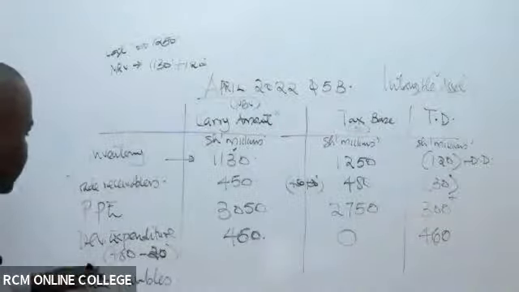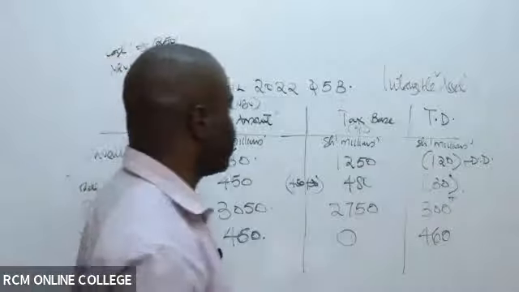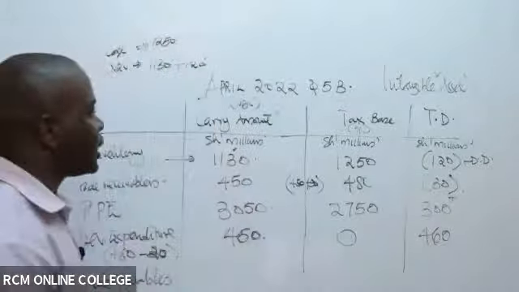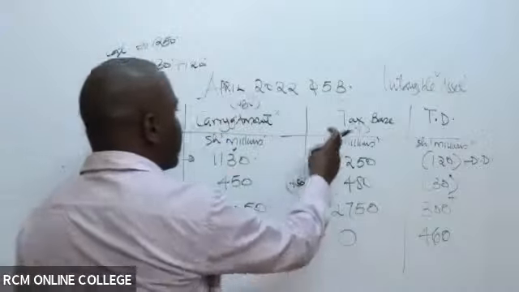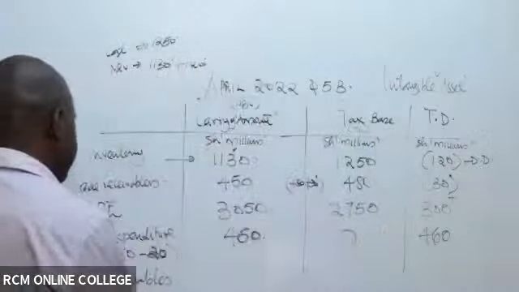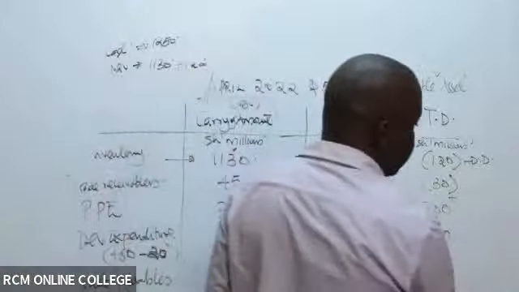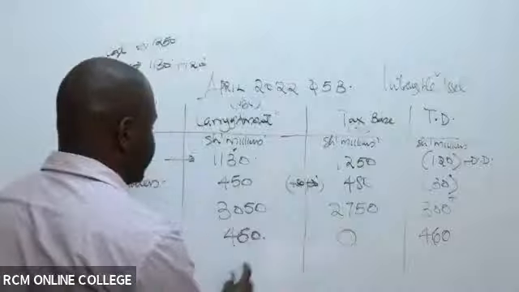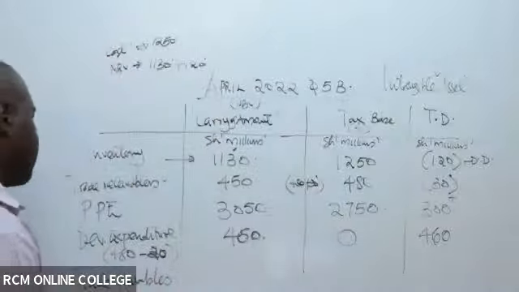Remember, all these other ones are basically assets, but these ones are liabilities, so when you are considering the carrying amount and the tax base, they will actually be negative.